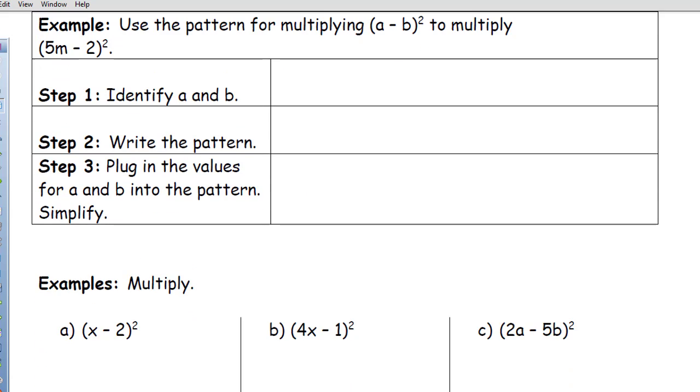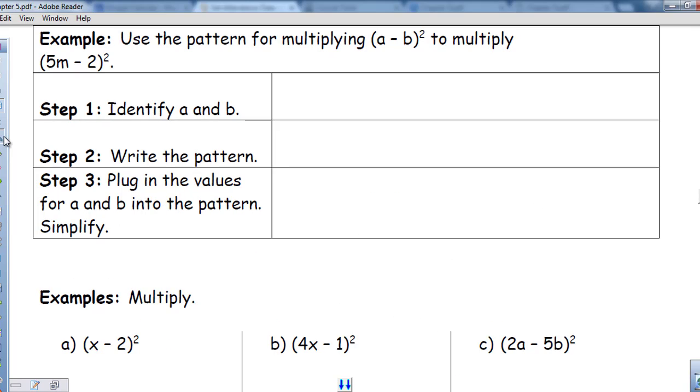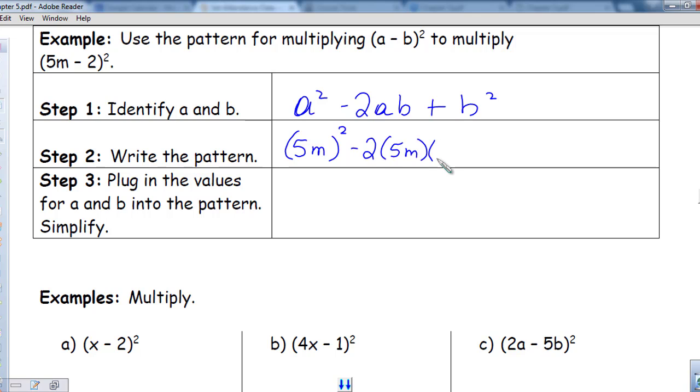All right, so the same thing here. We're going to multiply 5m minus 2 squared. So the pattern I need to be thinking about is a squared minus 2ab plus b squared. When we square this, I'll write it all out this time: 5m squared minus 2 times 5m times 2 plus 2 squared.